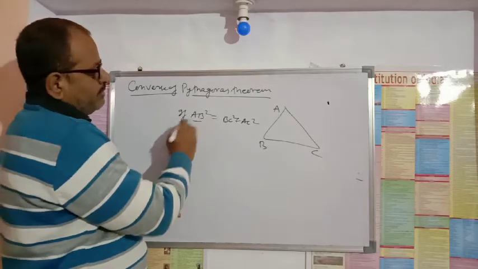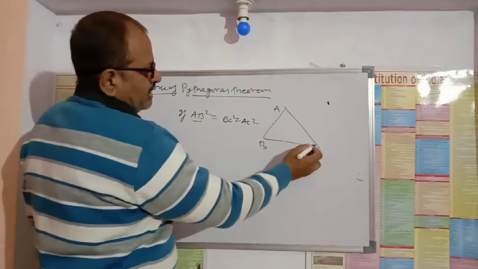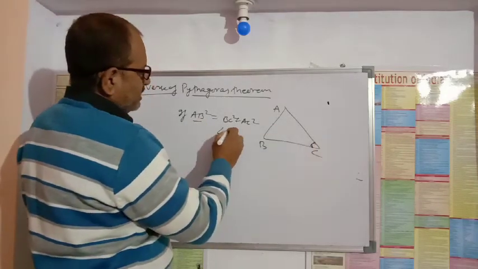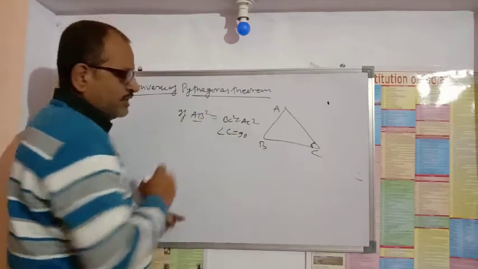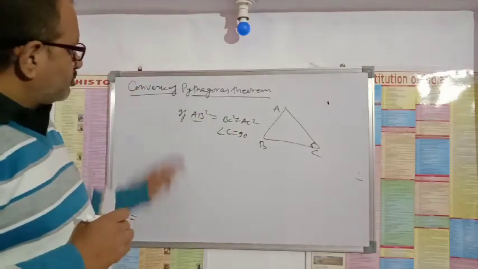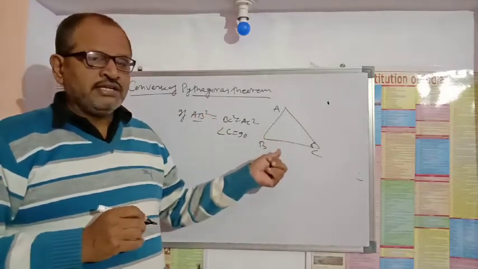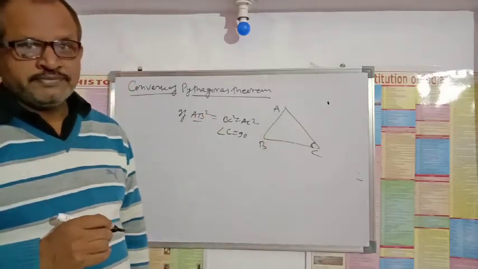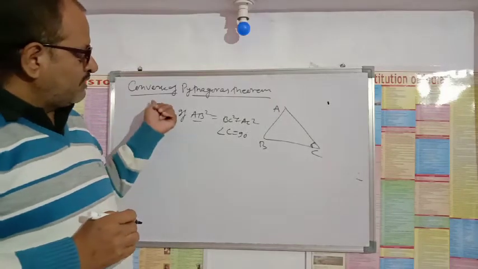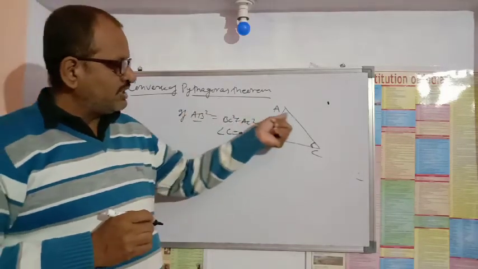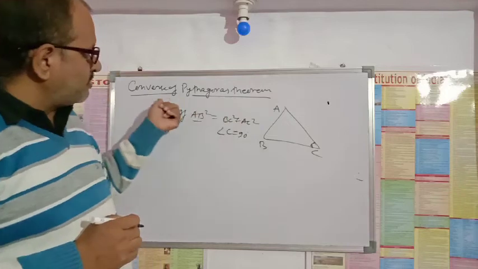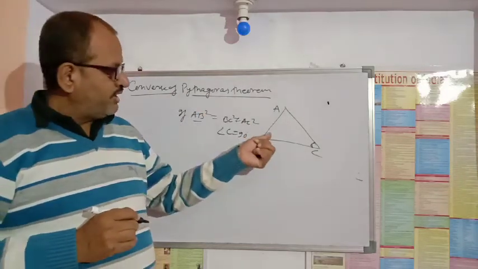And what is the first side? AB. So the angle opposite AB, that is C, will be 90 degrees. Converse of Pythagoras theorem is used to prove whether a triangle is a right angle triangle or not. If all three sides are known, with the help of the converse we can prove that.